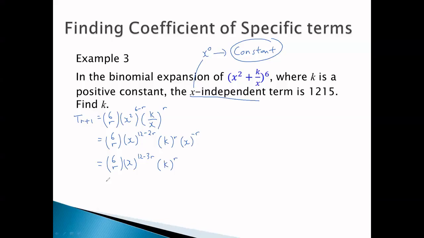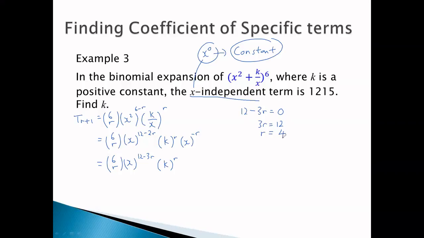So the question said you want an x-independent term, right? For the x-independent term, x is actually to the power 0. So this 12 minus 3R, I'm going to say that it equals 0. So I solve it, 3R equals 12, R equals 4.